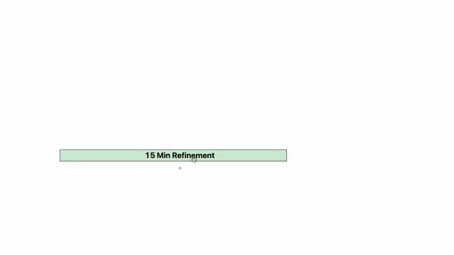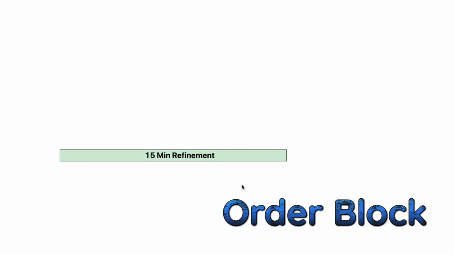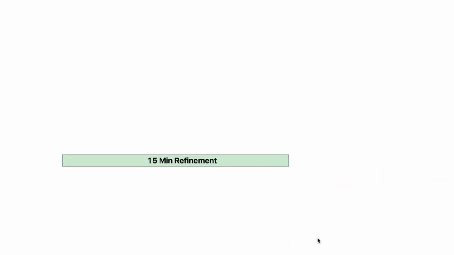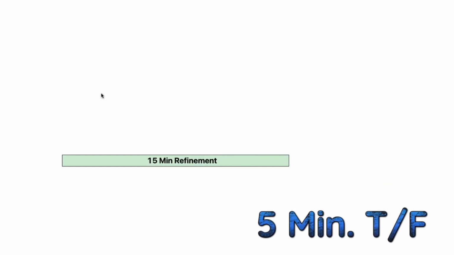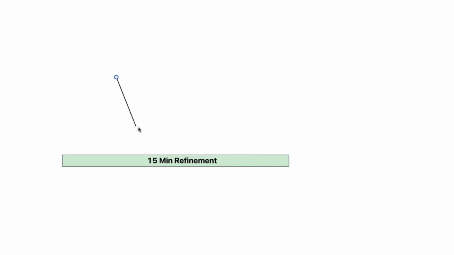Alright, so now that we have a refined POI, which is an order block here, we want to go to the 5-minute time frame, and when price is coming back into our POI on the 5-minute time frame, we want to see an ABC pattern, or a turtle soup pattern, whatever you want to call it. So we have the ABC, and the C leg goes into our refined POI.